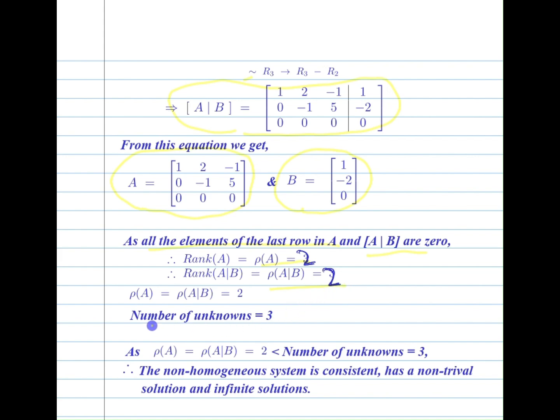The number of variables in this system is 3. As the rank of the augmented matrix is equal to the rank of the coefficient matrix but less than the number of unknowns, the non-homogeneous system is consistent and has a non-trivial and infinite solution.